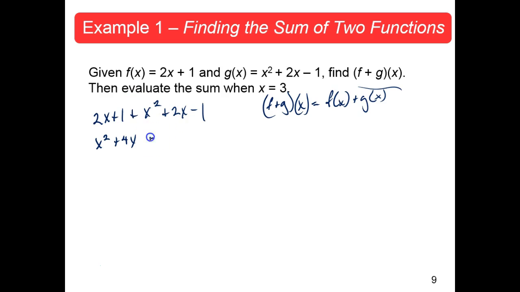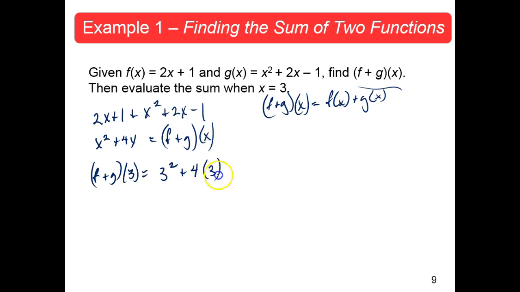Okay? And this, by the way, is your f plus g of x. Now, what it says, evaluate that sum when x is equal to 3. So what we're looking for now is f plus g of 3. And how would you do it? So that'd be 3 squared plus 4 times 3.